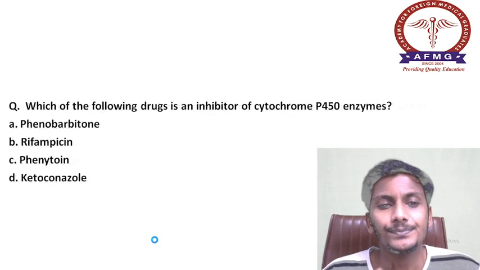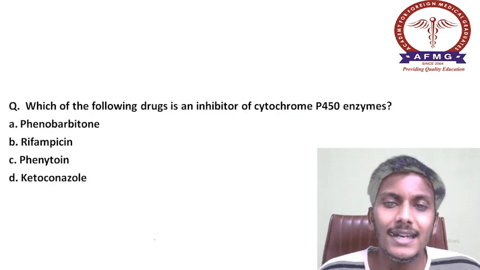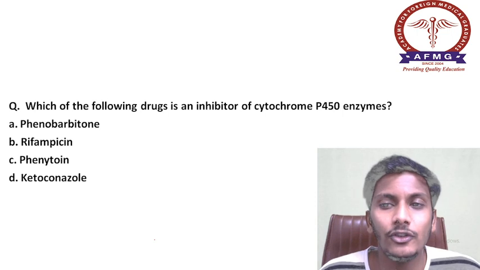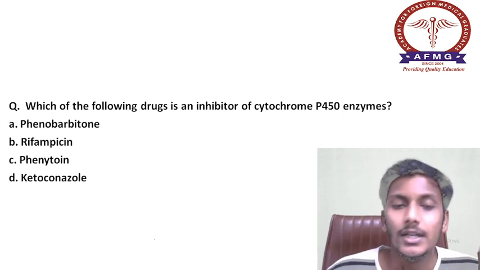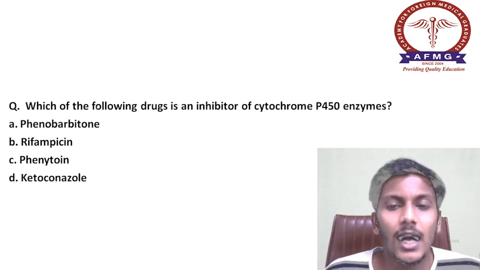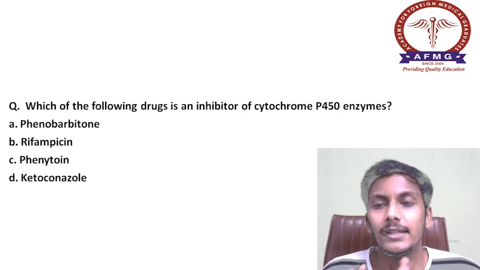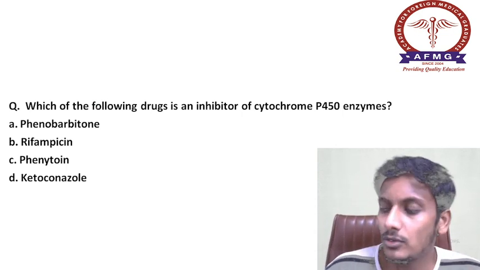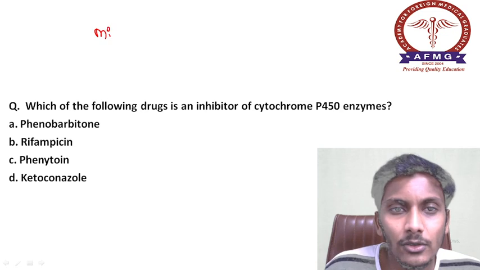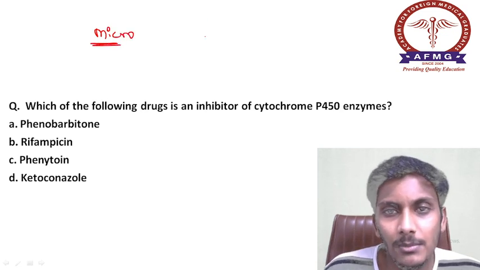Moving further, which of the following drugs is an inhibitor of cytochrome P450 enzymes? So please remember, guys, we already know there are two types of enzymes, either microsomal enzymes or non-microsomal enzymes. This is an important one to be remembered from pharma.